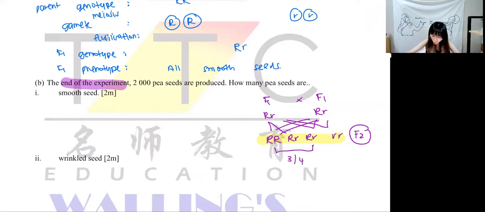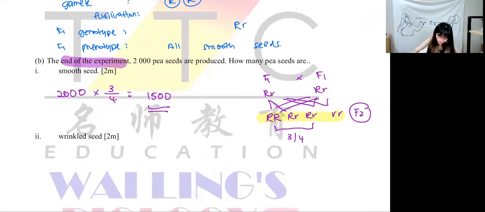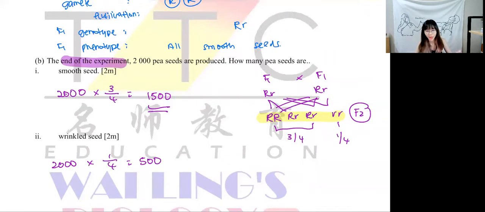So it's 3 out of 4. You use 2000 times 3 out of 4, you will get 1500. And then 2000 times 1 over 4, because this is only 1 over 4, the answer is 500. So sometimes you need to do some calculation as well, but you have to understand the question first, guys. By understanding the question, only then can you do the question.